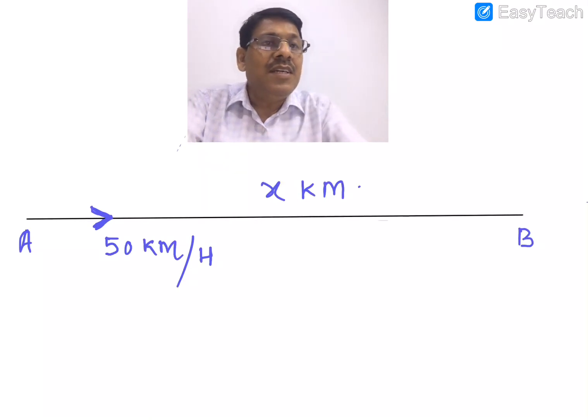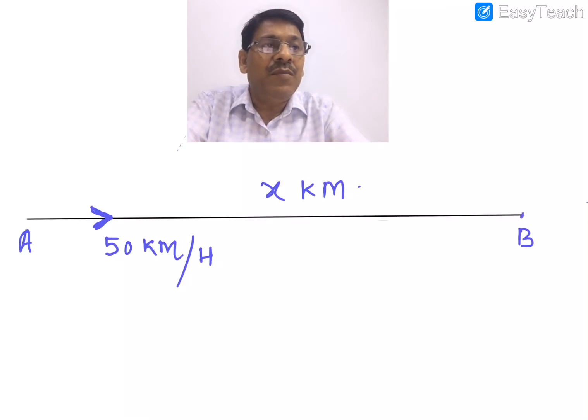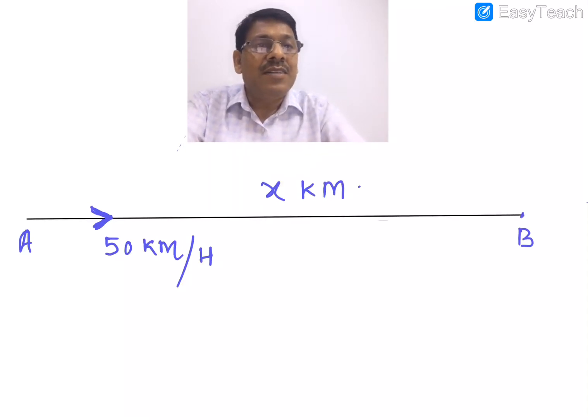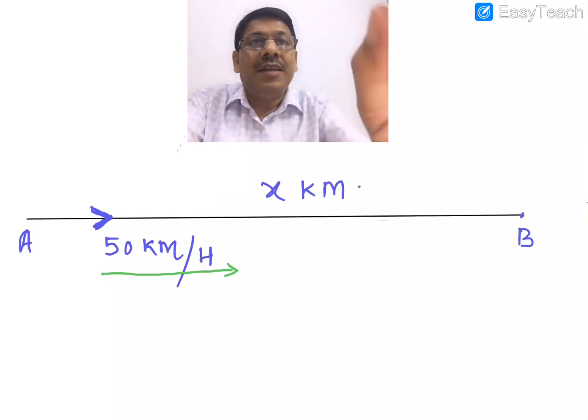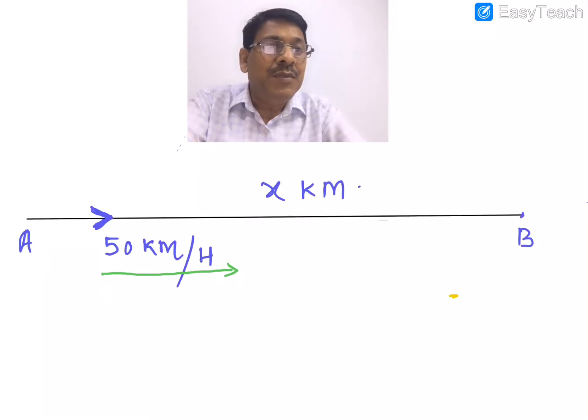After the car reaches point B, now it returns from B to A with the velocity 40 kilometer per hour.